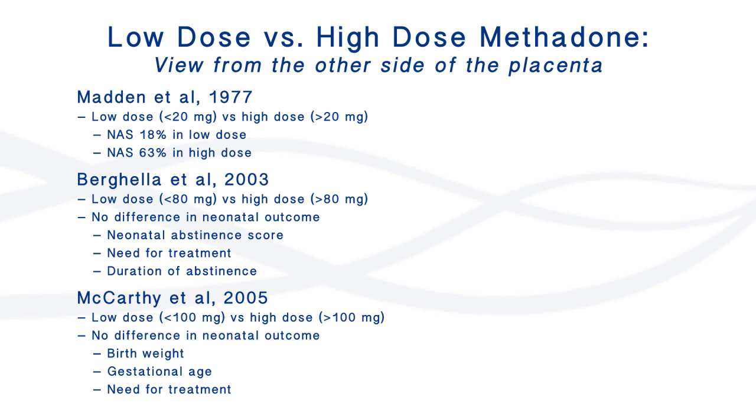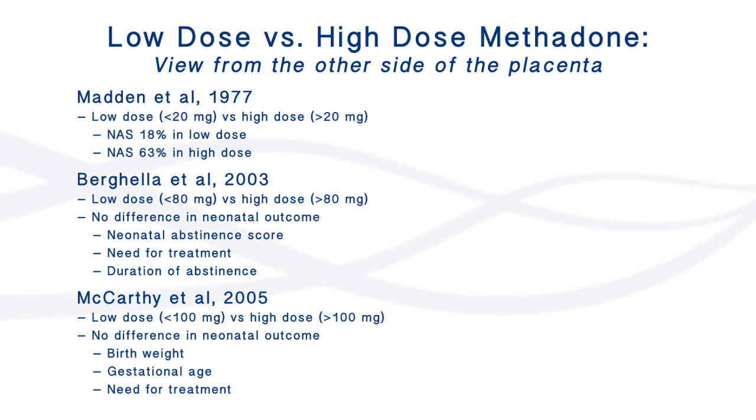And then a third study in 2005 also looked at low dose versus high dose, but again, they found no difference in newborn outcome when the mothers were on less than 100 milligrams versus more than 100 milligrams per day.